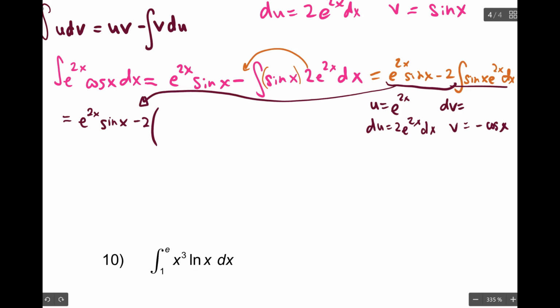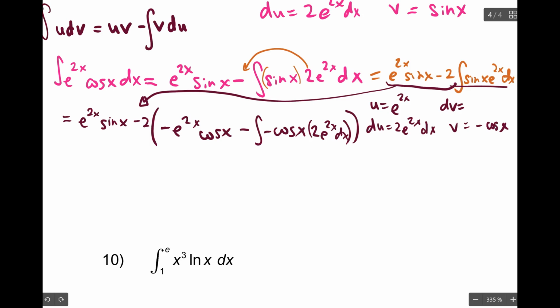Alright, so u times v. So I'll have a negative in front of the cosine: negative e to the 2x cosine x, minus the integral of v du. So negative cosine x times 2e to the 2x dx. Yeah, this is a buttload of work. Okay.